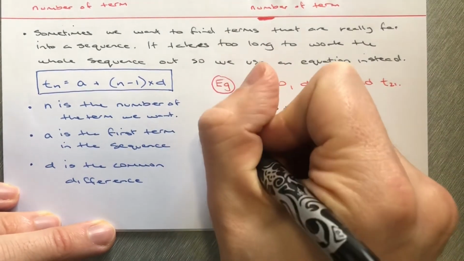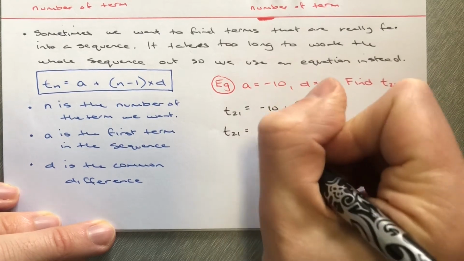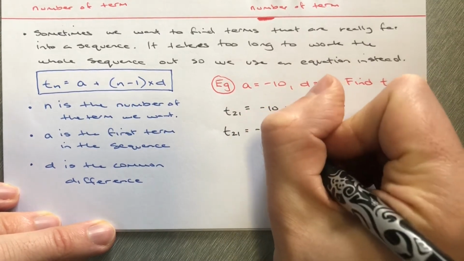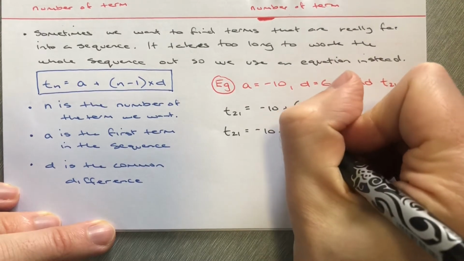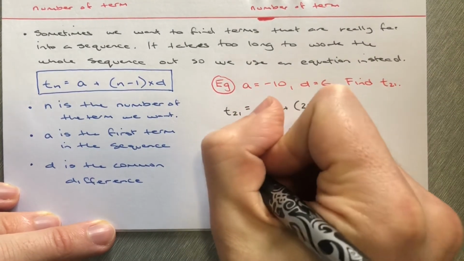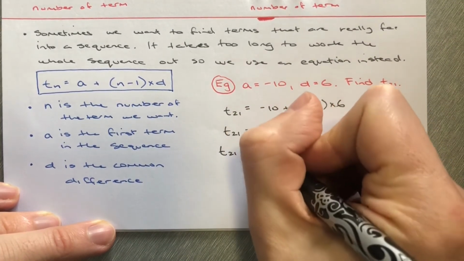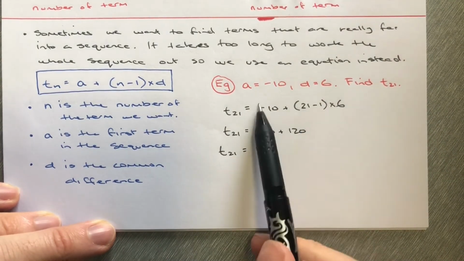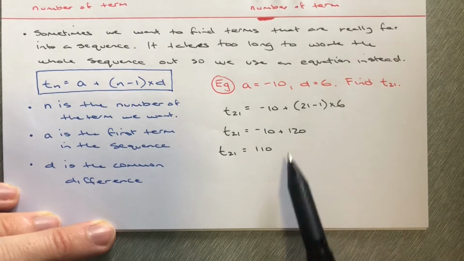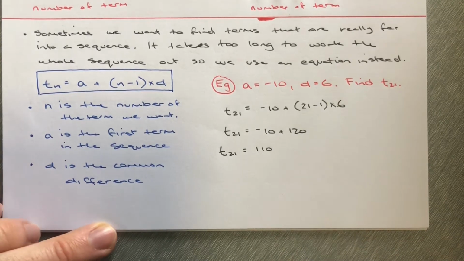Once we work all this out, it's minus 10 plus 20 times 6, which is 120. So the 21st term should be 110. You could just type that into your calculator and it'll give you the answer anyway. I've done it by hand, but you can use your calculator, that's fine.